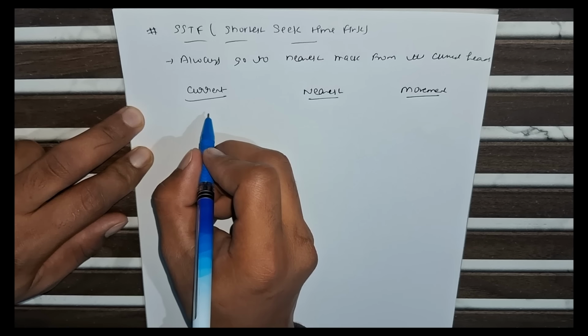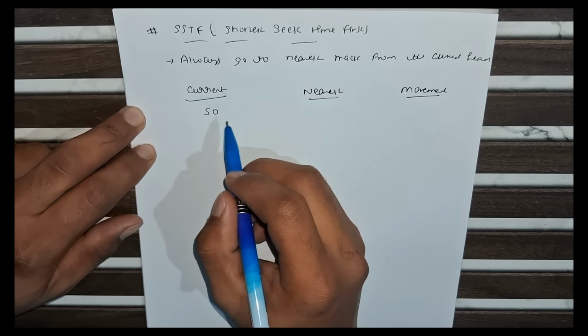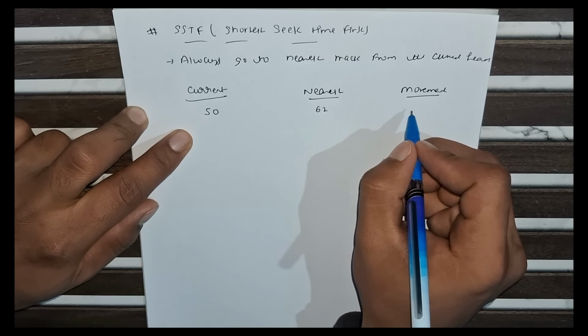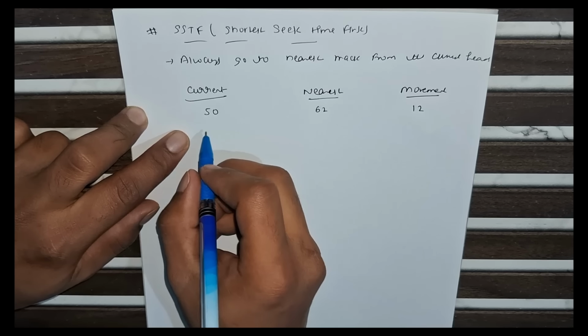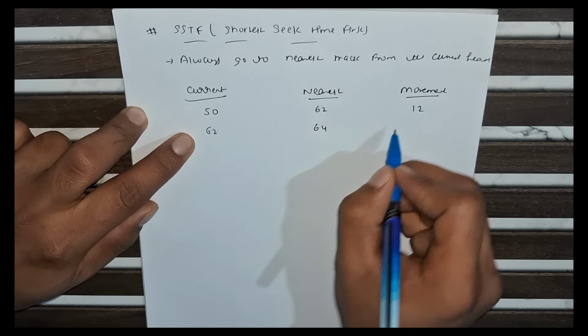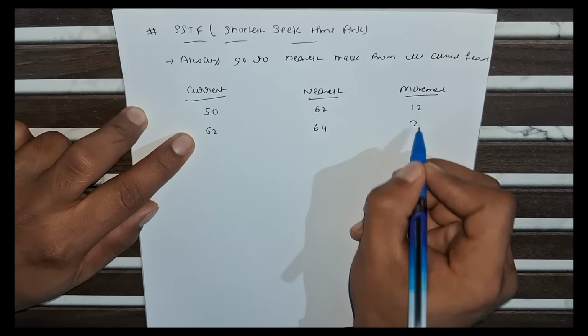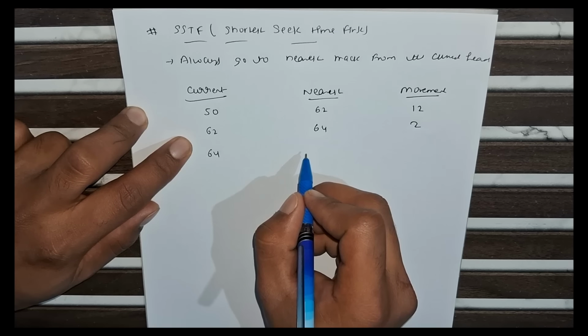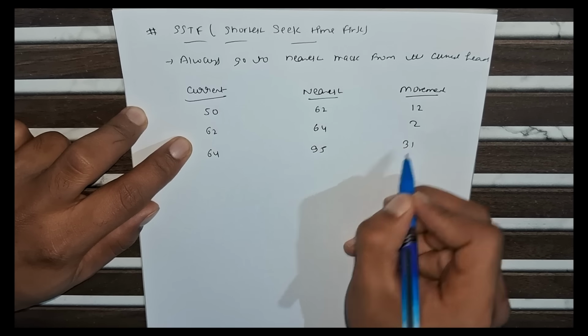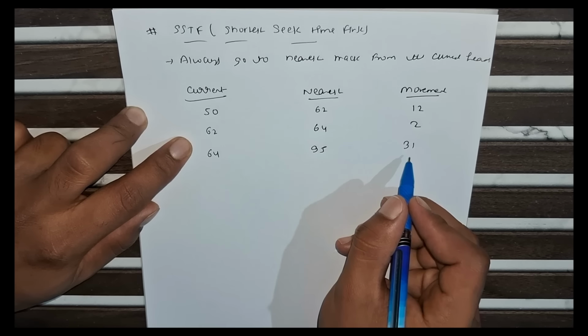Our initial current is 50, the nearest to 50 is 62, and the difference is 12. For 62 the nearest is 64 and the movement is 2, and for 64 the nearest is 95 and the difference is 31, meaning 95 minus 64 equals 31.